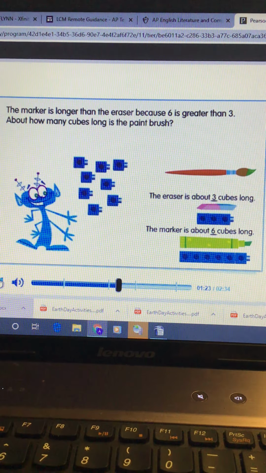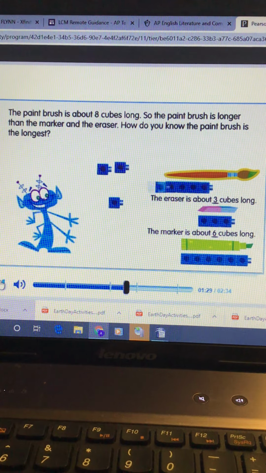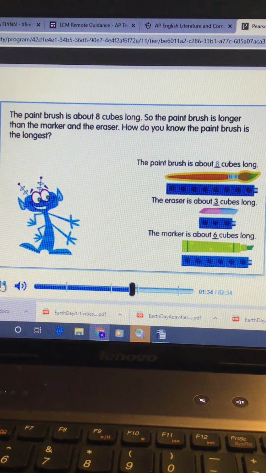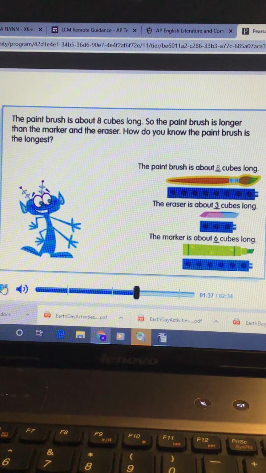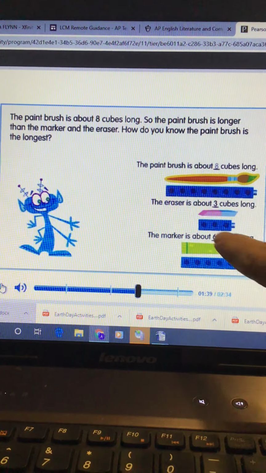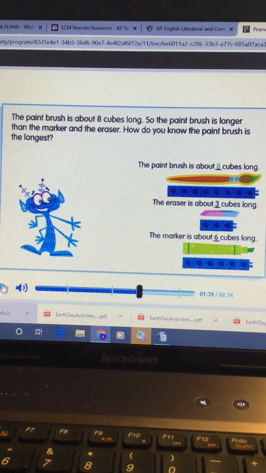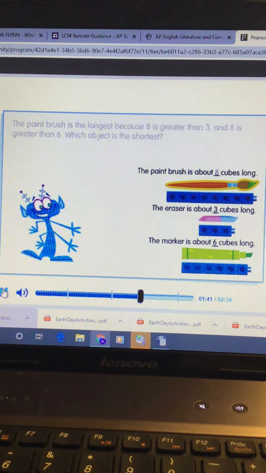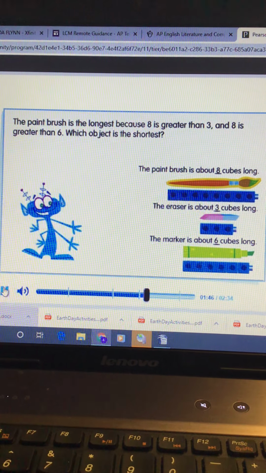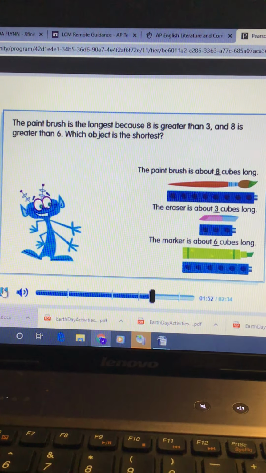About how many cubes long is the paintbrush? The paintbrush is about 8 cubes long, so the paintbrush is longer than the marker and the eraser. How do you know the paintbrush is the longest? Look at the 3 numbers, 6, 3, and 8. Which number is the biggest number or the greatest number? The paintbrush is the longest because 8 is greater than 3, and 8 is greater than 6. Which object is the shortest?